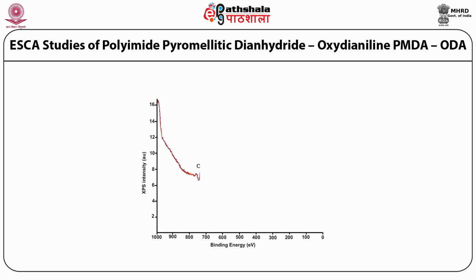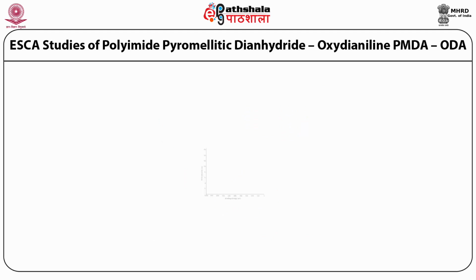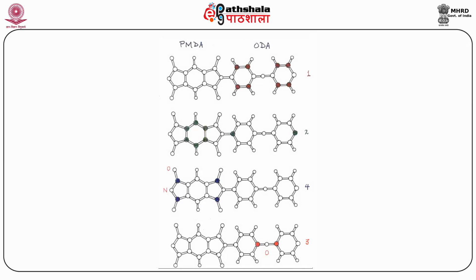We find that it indicates the presence of oxygen in two forms and carbon and nitrogen on the surface, from which we can even get the extent of these on the surface and prove their presence. The structures of the two units, PMDA and ODA, have been given, and the possibility of nitrogen and oxygen in different structures has been put here.